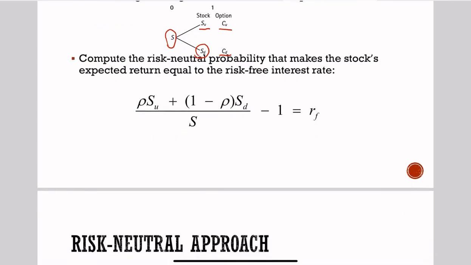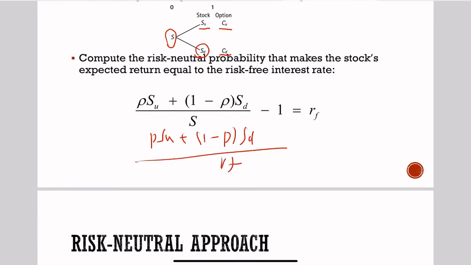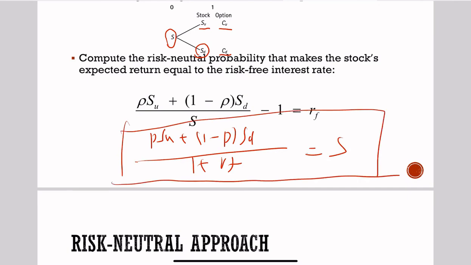So if we follow our lecture note, this is how you calculate risk neutral probability. That is, you discount the expected payoff of the stock with the risk-free rate, you get the stock's current price.